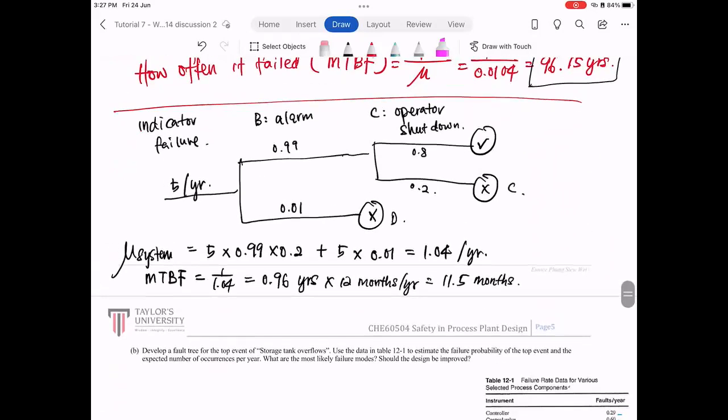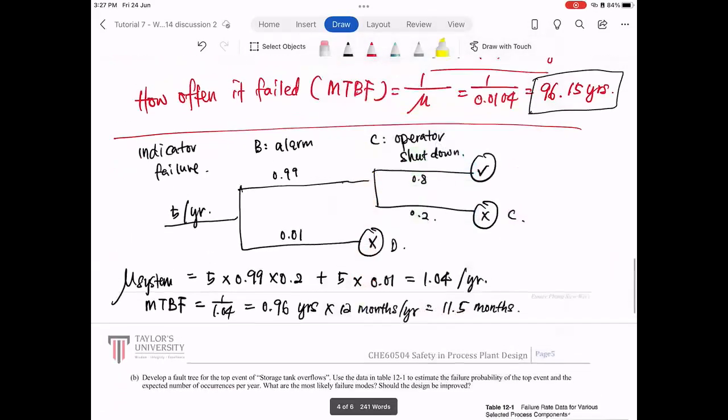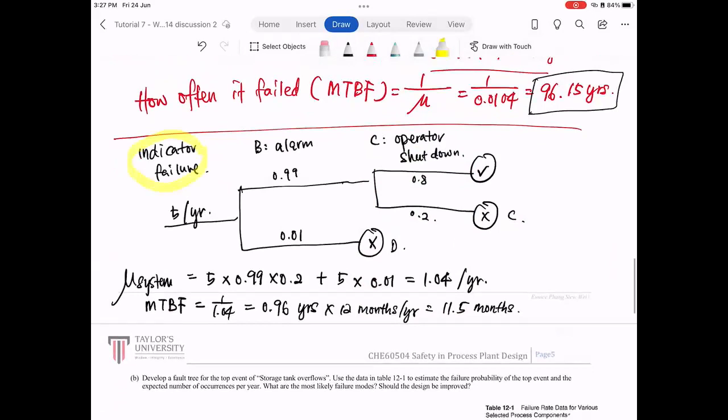The event is not fire, but something that we know has a failure, like a valve failure or indicator failure, that will lead to a runaway system. Your runaway here is overflow. Some runaway systems may end up in fire and explosion, so that depends on what level we stop at.